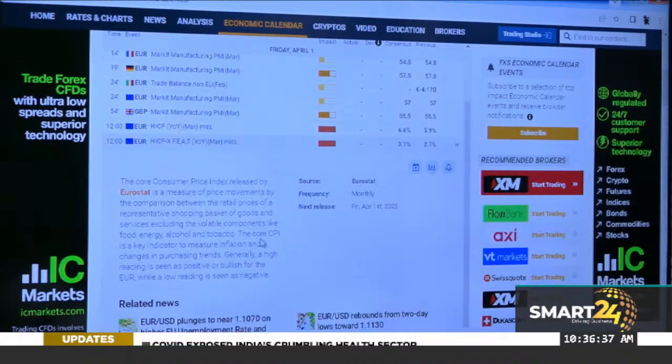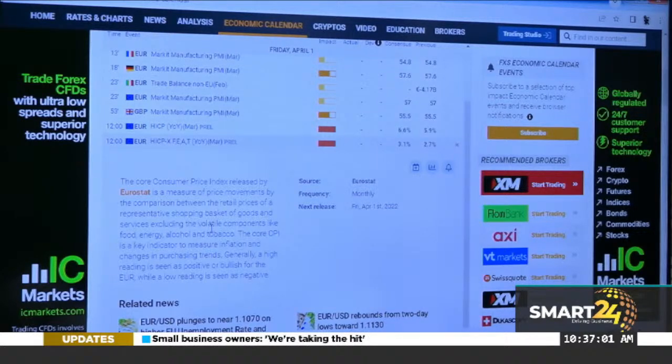So the core CPI is a key indicator to measure inflation and changes in purchasing trends. So a higher figure here is seen as positive or bullish for the euro, while a low reading is seen as negative. Yeah, so sometimes I just like reading out this stuff. That's why I've just read that one.